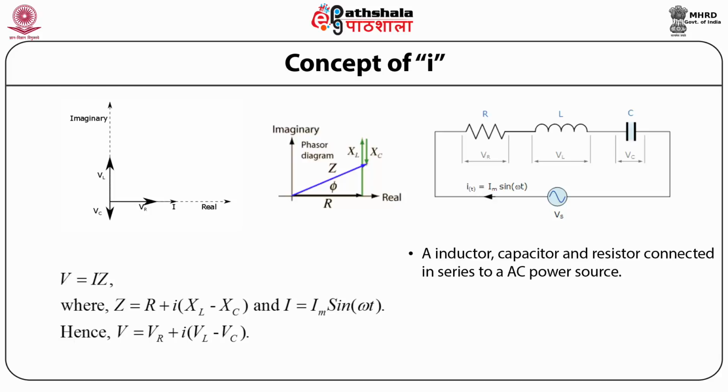But when there is a voltage drop VL which is happening across the inductance L, there the current is going to lag behind, or in other words the voltage is going to lead. So, there is going to be a voltage which is going to appear in time much faster, and that is going to be represented on an imaginary axis.